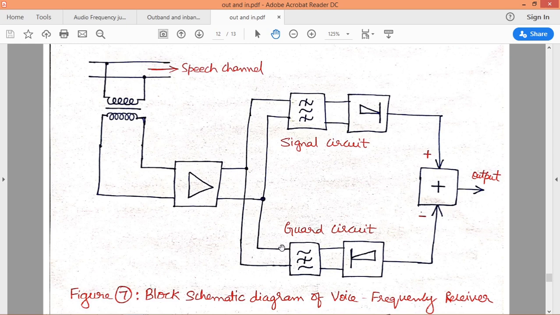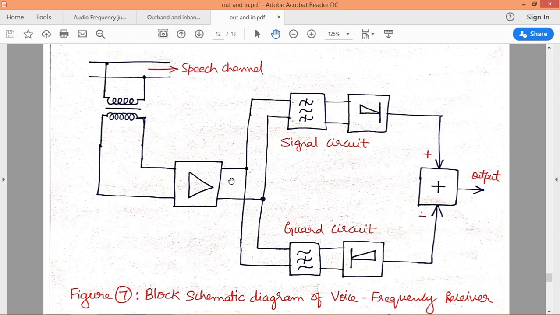So it means that negative voltage is applied to this guard circuit. That's why we are using a rectifier with the opposite direction of diodes. And of course, in order to convert this negative voltage into a positive voltage for comparison, we will multiply this negative voltage with a negative sign, so that we will have a positive voltage.